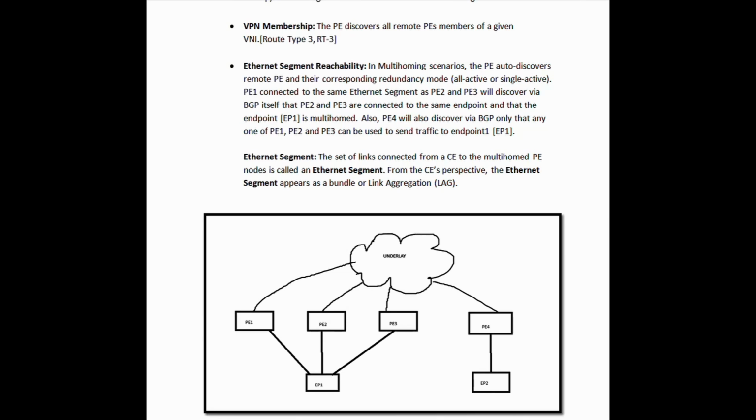And for individuals who haven't seen my previous video related to route types 1 and 4, we define an Ethernet segment as the set of links connected from a CE to a set of multi-homed PE devices or PE nodes. And from the CE's perspective, the Ethernet segment appears as a bundle or as a link aggregation / port channel.